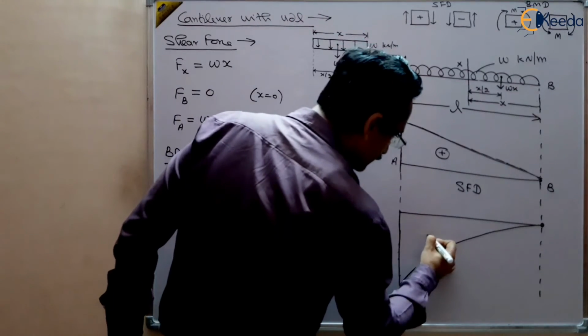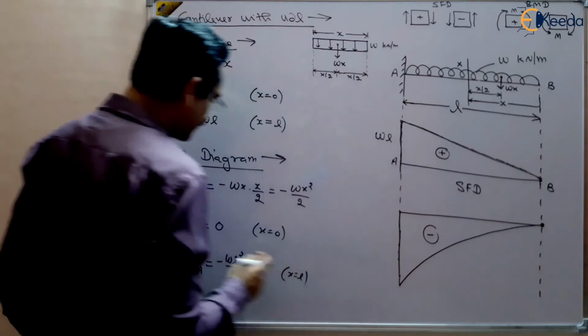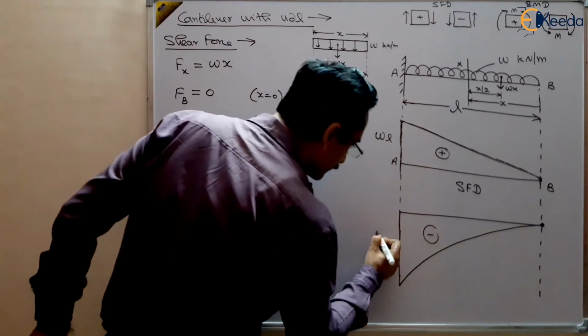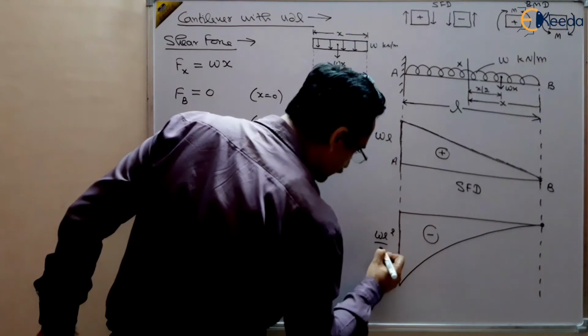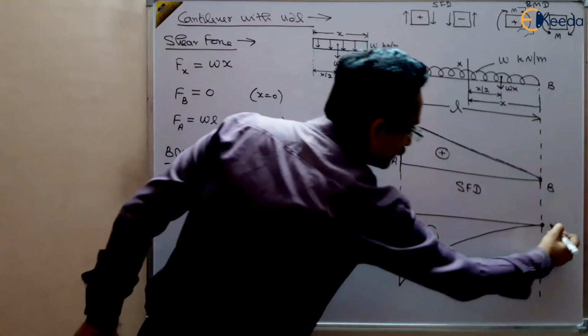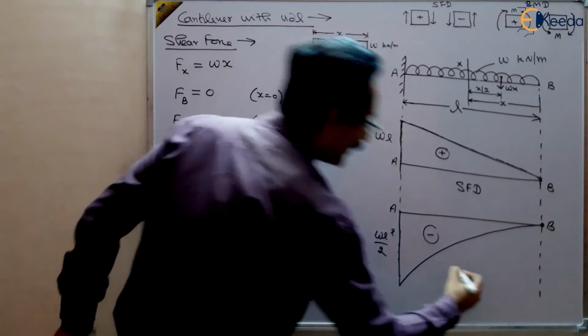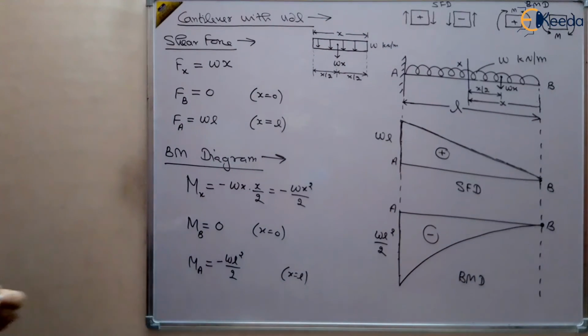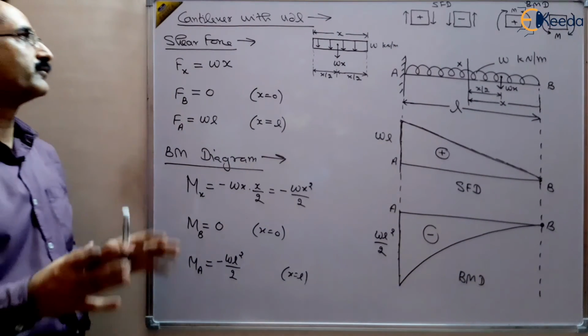It is negative, right? And the magnitude at A is WL square by 2. This is point A, this is point B. So this is our bending moment diagram for a cantilever beam with UDL.